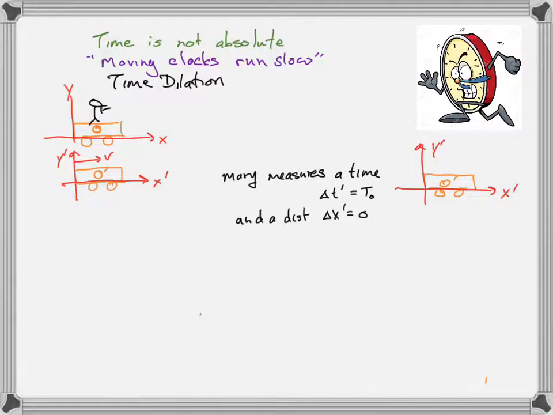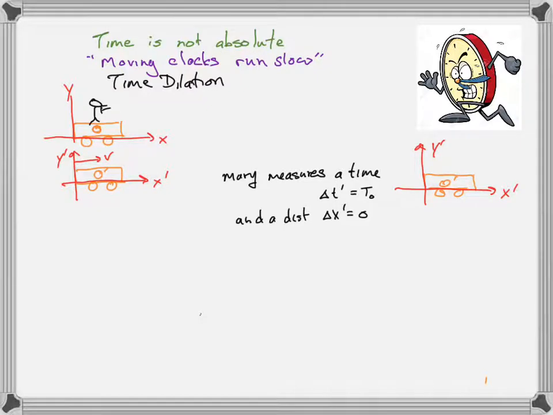That's an important point, where we may be looking at two different distances, delta x prime and delta x, from some other reference frame. But if you're in the reference frame, you're carrying your coordinate axis with you, and you do not move relative to your own coordinate axis. So Mary's distance is delta x prime equals 0, and Mary's time is just some arbitrary time. I'm just going to give it the name t0 because we're going to see later that it's a special time.